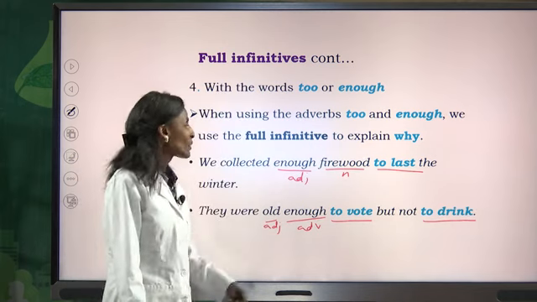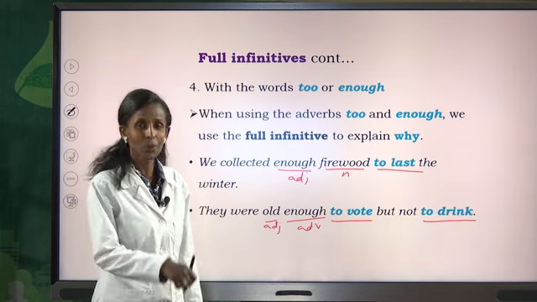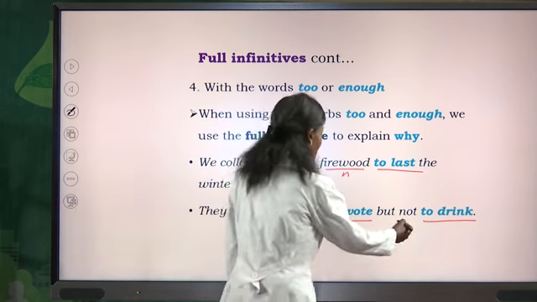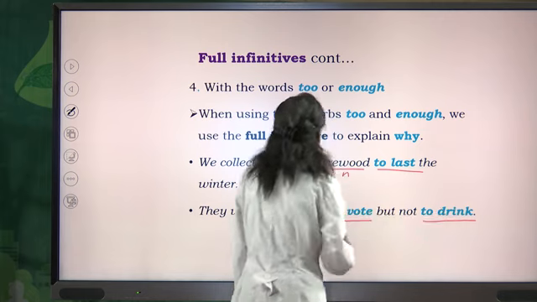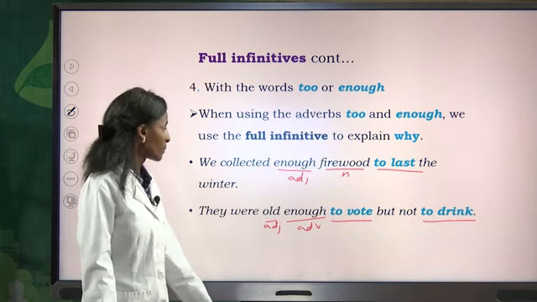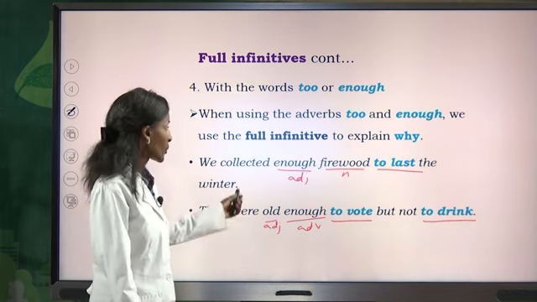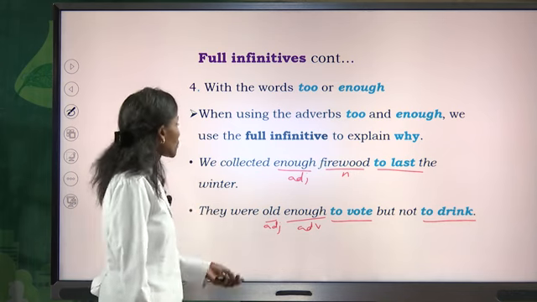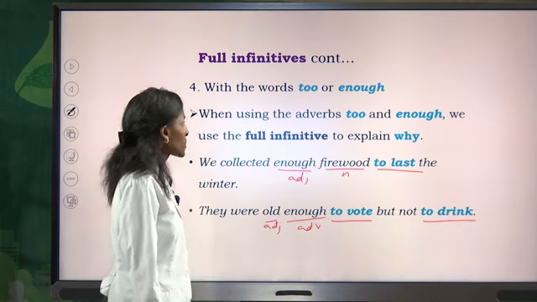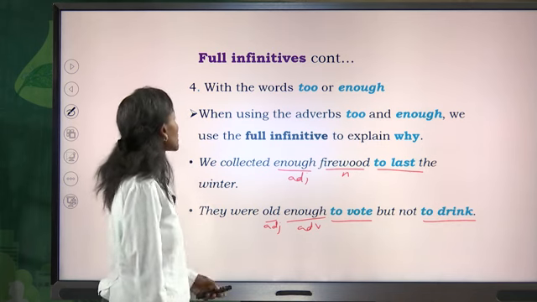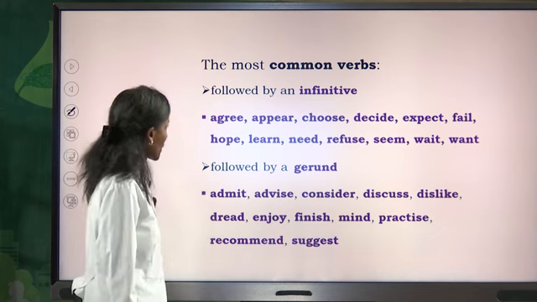They were old enough to vote, but not to drink, because their age does not allow them to drink, that means. So to vote and to drink are the full infinitives, preceded by the adverb enough. You see how you can use the infinitive with to after adverbs or after the words too and enough. Good.